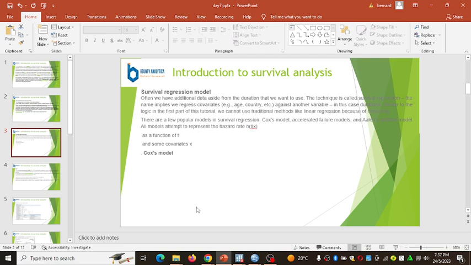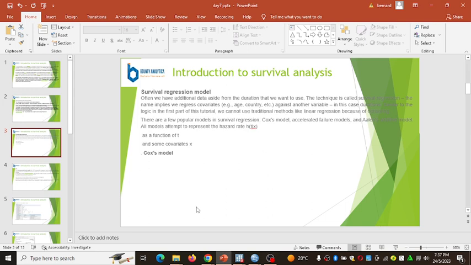The most commonly used survival regression is the Cox proportional hazard model, which was proposed by David Cox. This Cox model assumes the hazard rate.